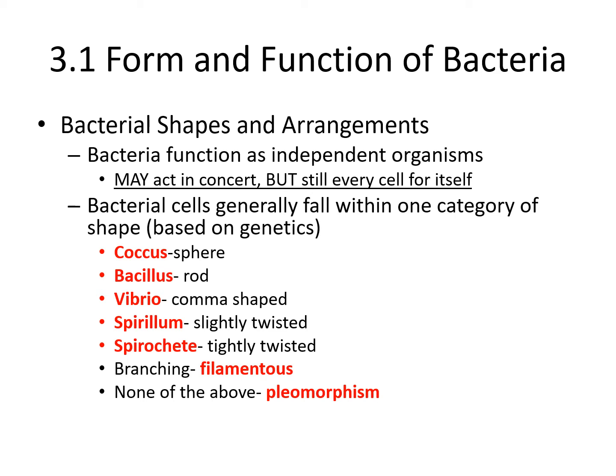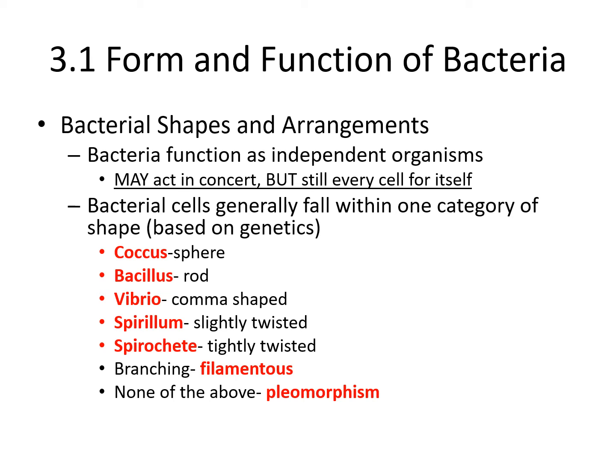So, nomenclature. These are words that you need to know, and these are words that from here on out you will have to use. Instead of saying a bacteria is shaped like a sphere, you're going to say it is coccus, or if there's plural, cocci. Instead of saying it's a rod shape, it's bacillus, or plural bacilli.